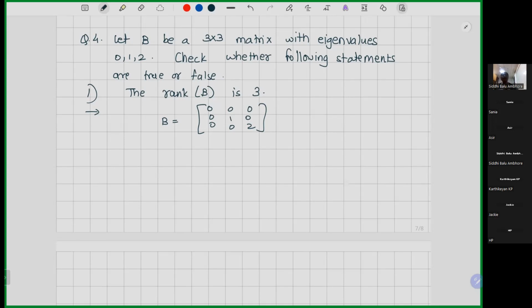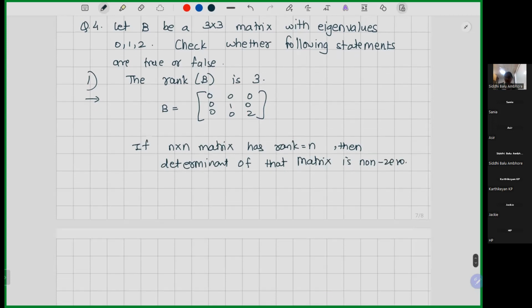Yes, this is also true that if an n cross n matrix has rank n, then the determinant of that matrix is non-zero, and which is false in this case.